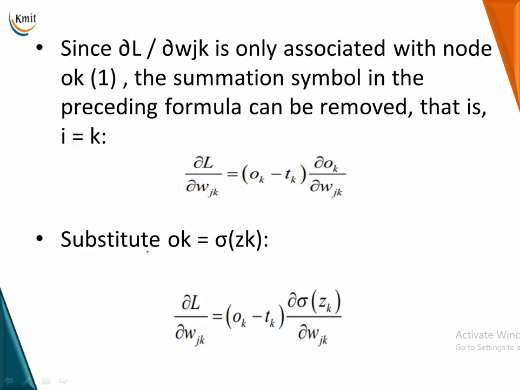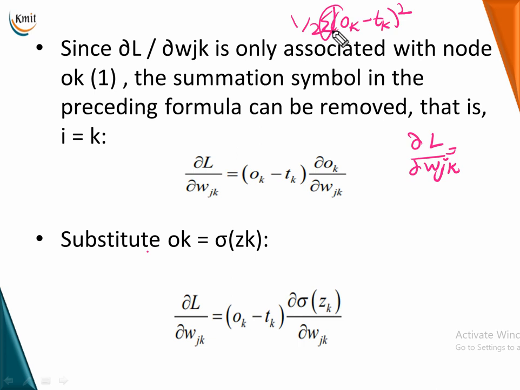Next, we are going to find out the gradient, right? So let's see, you are calculating ∂L/∂W_JK, correct? And for that, I already told you it was half, say (O_K minus T_K), there was a summation, and then a whole square. So I am not using summation here if I am choosing i as k.